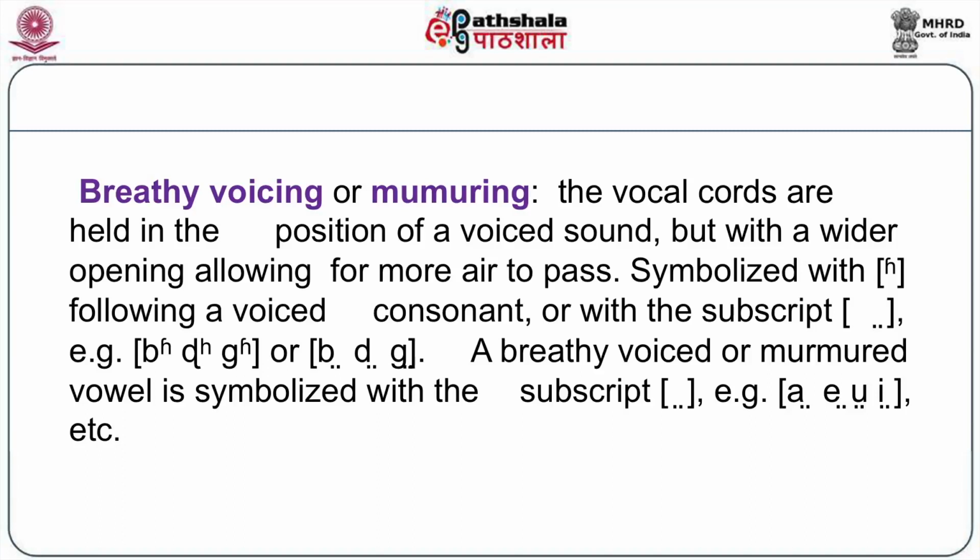The normal way to represent murmured or breathy sounds is either with a superscript h with a hook or with two dots below the symbol. Vowels are usually represented with two dots below them. For example, Hindi, Gujarati, and many other Indo-Aryan languages are known for murmured sounds or for breathy voiced sounds.